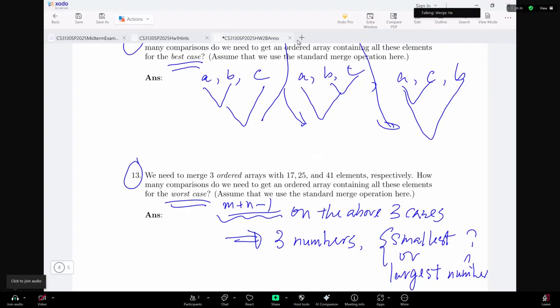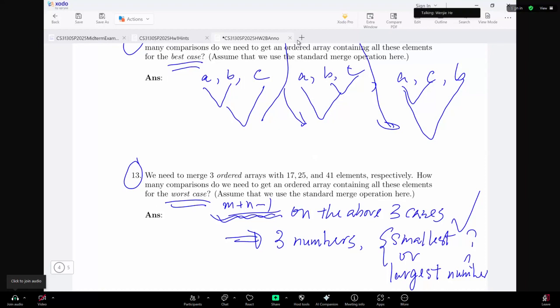Because we are trying to find the worst case. But for the three cases, we all apply the worst case formula. Does it mean that's the worst case? So the answer: select the smallest number. Do not select the largest number, because we calculate all three cases with the worst case formula. We already consider the worst case.